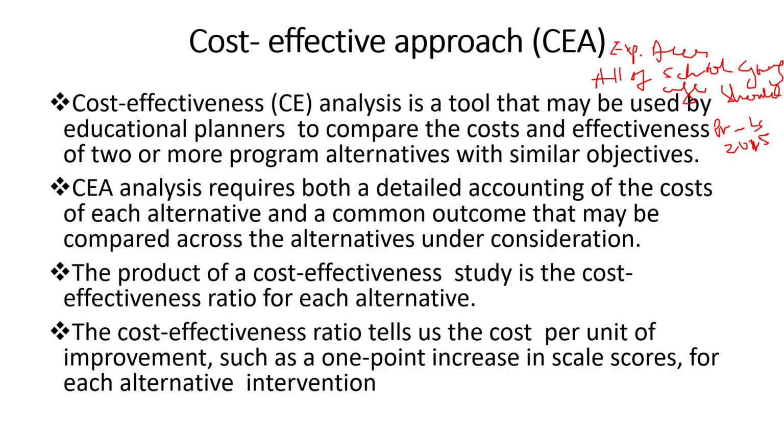Now the objective is to ensure all students of school-going age are in school and are participating in learning. Now we want to compare the cost and effectiveness of the program. This objective by itself has several implications.